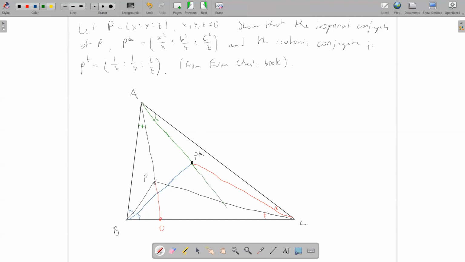This is D, and this is E. Then, if you apply the extended angle bisector theorem twice, you will obtain that BD over DC times BE over EC equals AB over AC all squared, which I'll write as c over b squared.